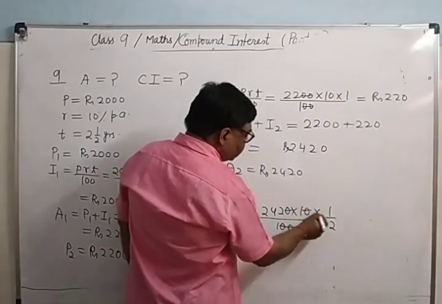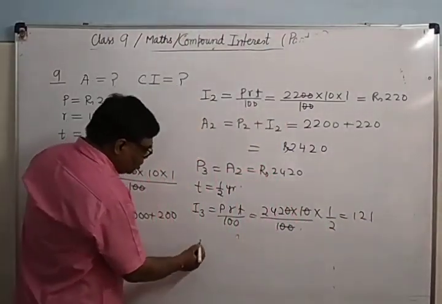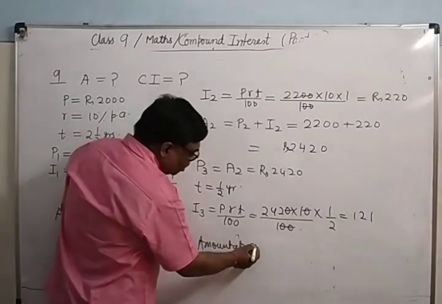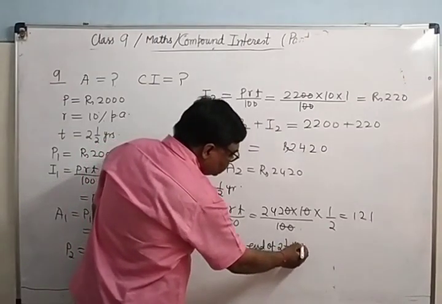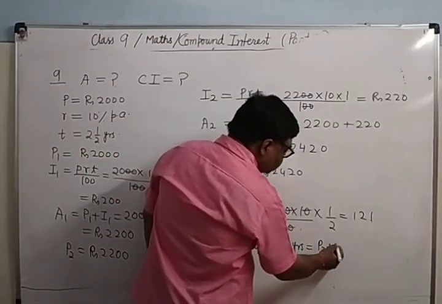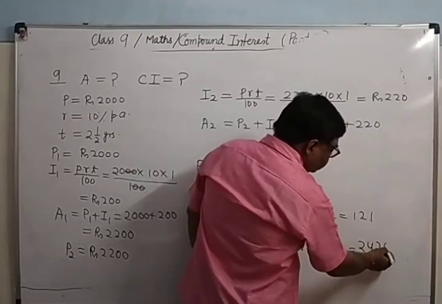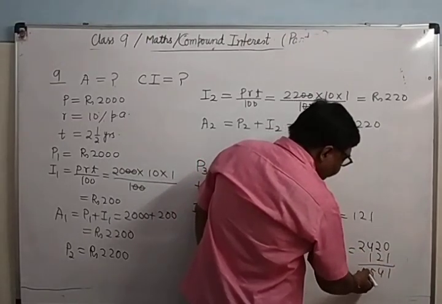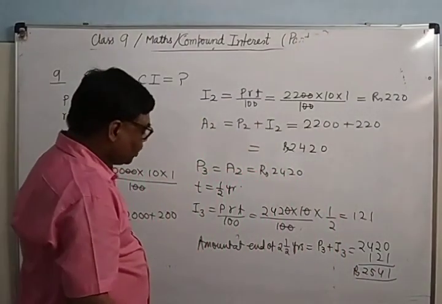So this will be cancelled, so it will be 1 to 1. So amount at the end of 2 whole 1/2 years equals P3 plus I3. When you calculate it, 2420 plus 121, that is 2541. It's clear.